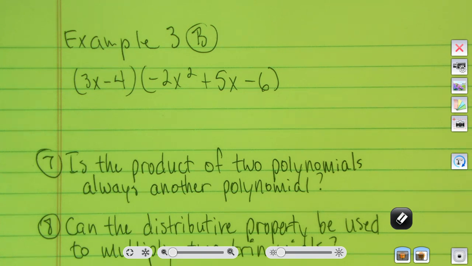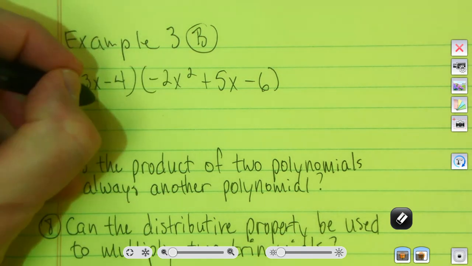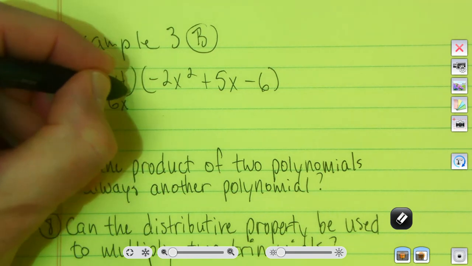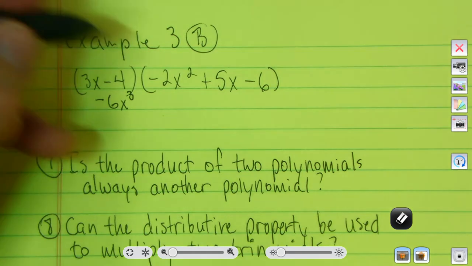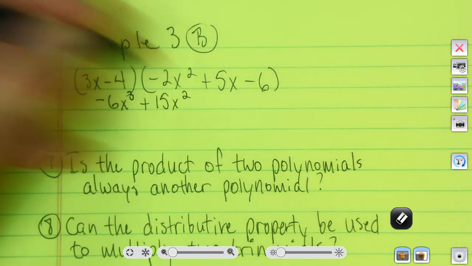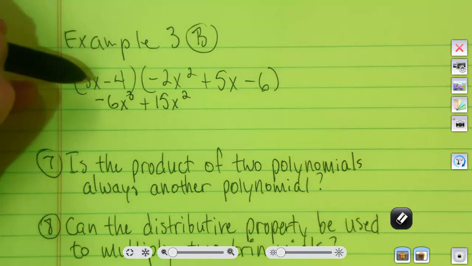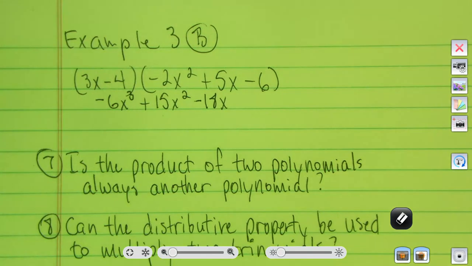So you've had a moment to work on that. Let's see what answer we got. First of all, we're going to take 3x and multiply it by negative 2x squared. So that's going to be a negative 6x cubed. Then 3x times 5x would be plus 15x squared. Then 3x times negative 6 would be negative 18x.